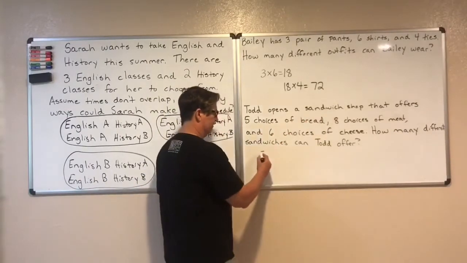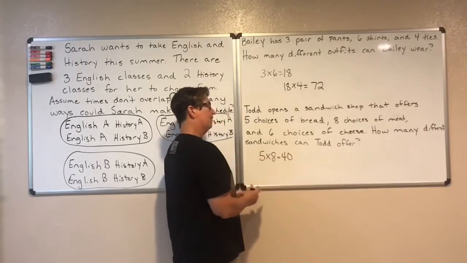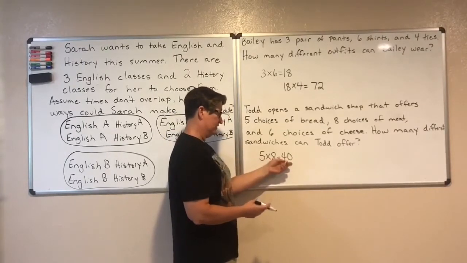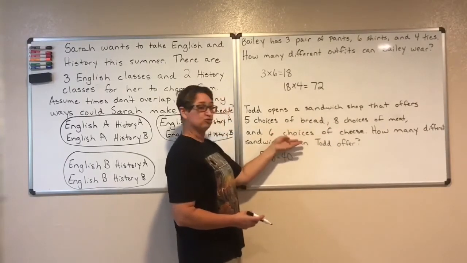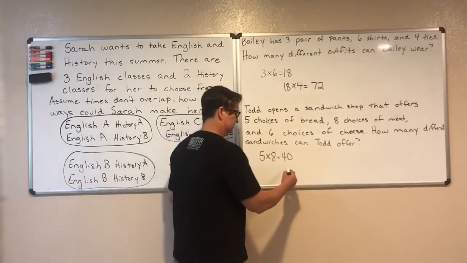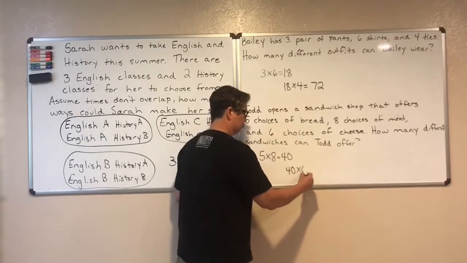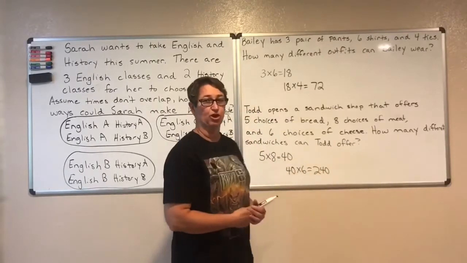So we've got 5 times 8, which gives us 40. Now we have 40 different sandwiches that we can do just with the bread and the meat. By adding the choice of cheese, our 40 groups now have the 6 choices as well. So we have 240 different sandwiches that he can put on his menu.